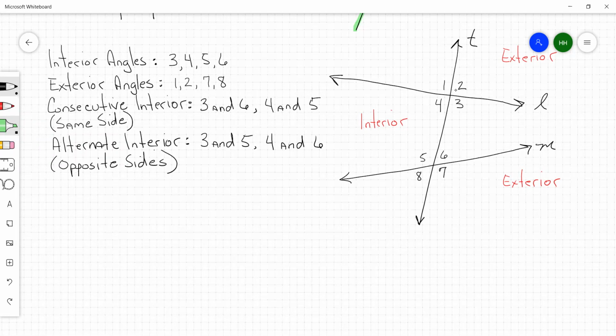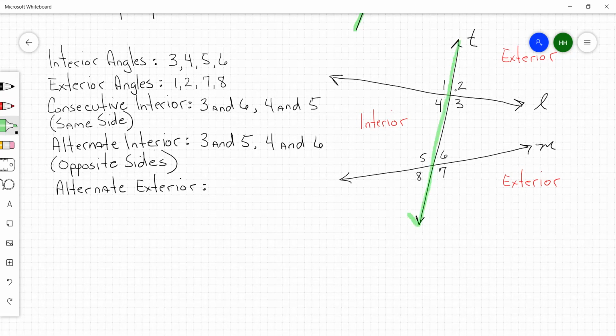Alternate exterior angles. The alternate means the same thing. It still means opposite sides of the transversal. Let me highlight this transversal again. Here's our transversal.